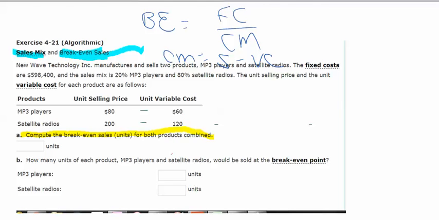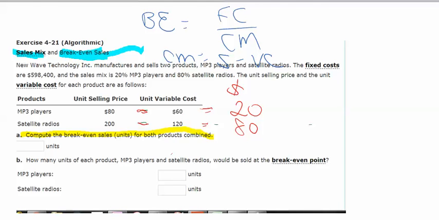So, for each one of these units, we can make our calculation taking the selling price, and we're going to subtract the $60 variable cost, and that's going to give me a contribution margin for the MP3 players of $20 per unit. And for the satellite radio, $200 sales price, we're going to subtract $120 in variable cost, and that will give me an $80 per unit contribution margin.